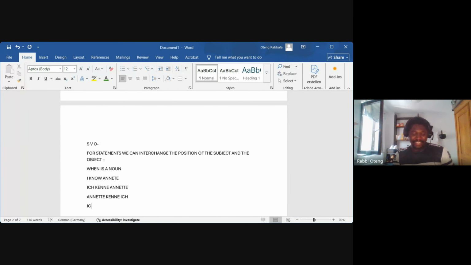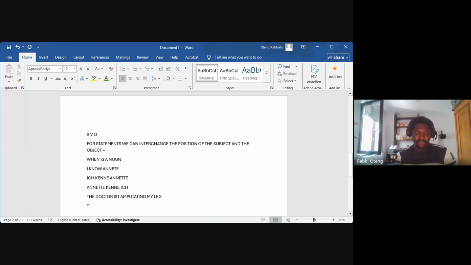Say, the doctor is amputating my leg. The doctor is amputating this leg. So you say the verb "to amputate" or "to cut off": abschneiden.